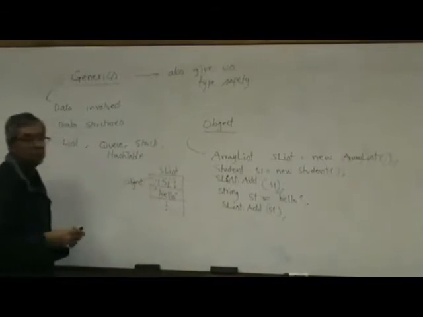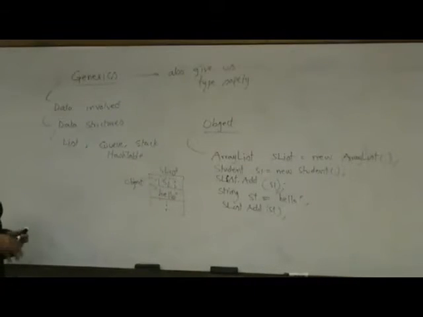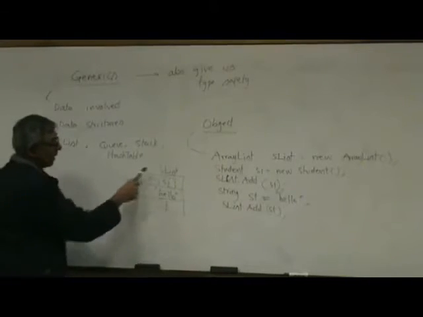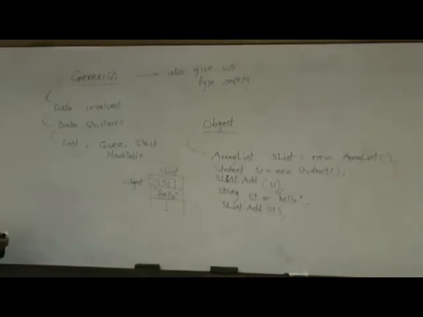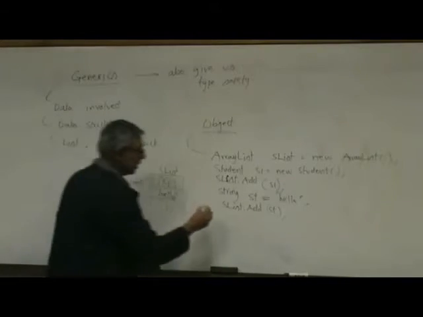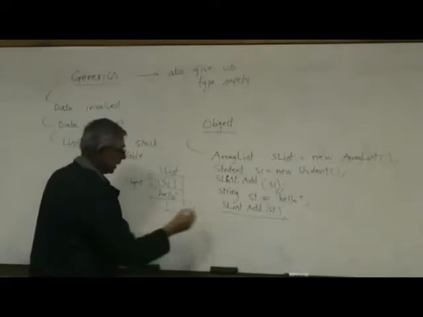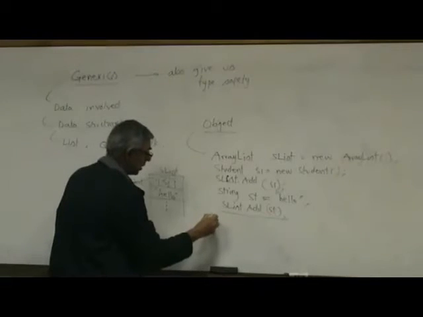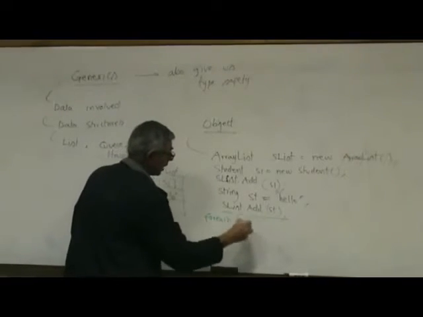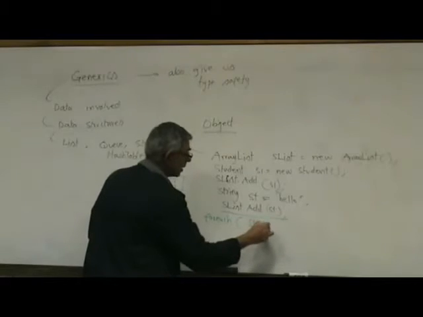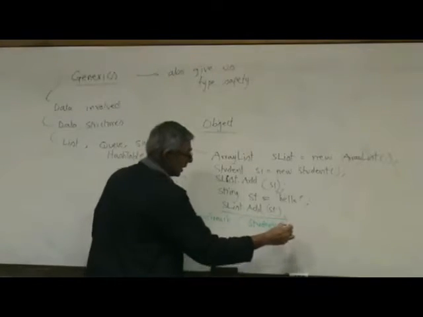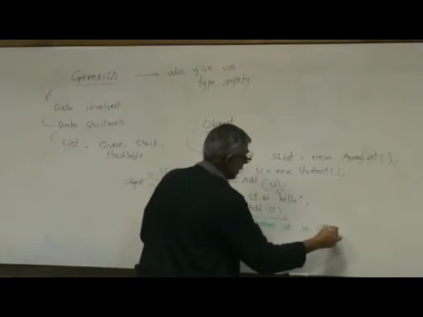So now if we wanted to write code to go through the ArrayList, and if it's a student, call computeGrade on it, what will our code look like? We will say foreach. Can I do something like this: Student st in sList?